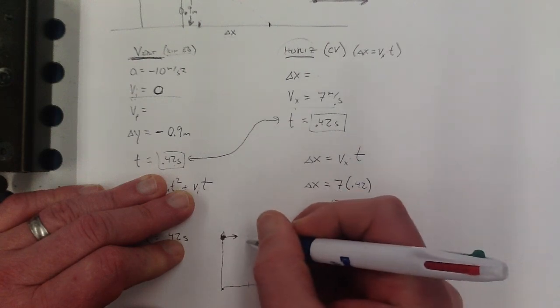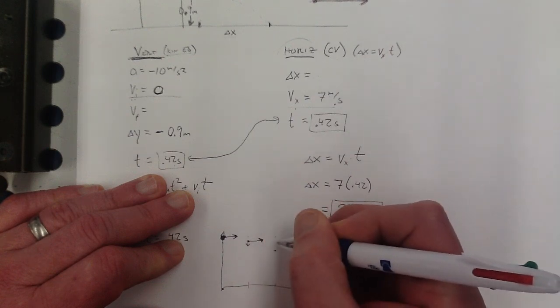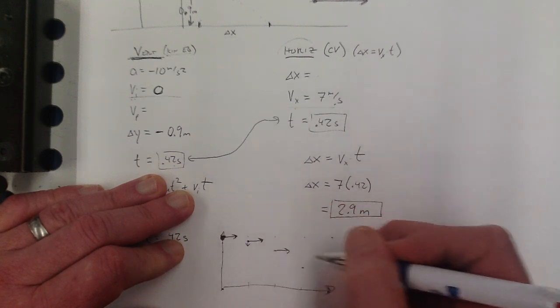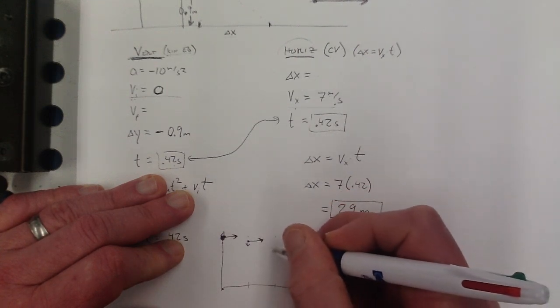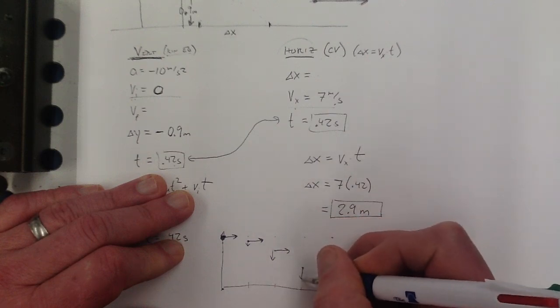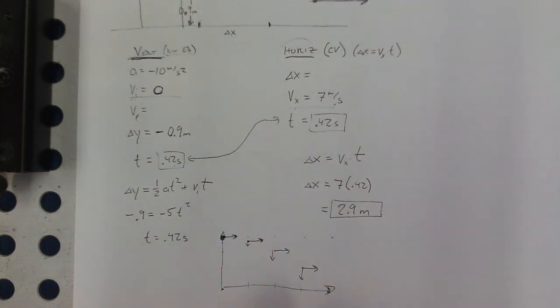You have two parts. You can draw in the horizontal part, which is constant. Vertical part, it's going halfway down to that next point. Horizontal part, those are staying the same. Halfway to that, just in the vertical direction. Halfway to that, and then those are the same. That's how you could draw a motion map for this.